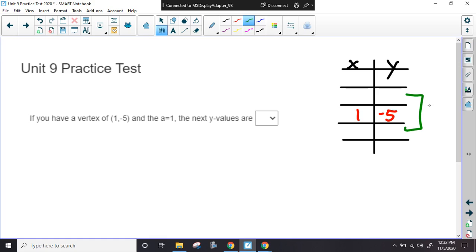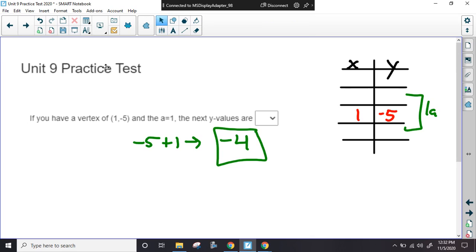This value moves up with a ratio of 1A. And if A is 1, we would have to say negative 5 plus 1, and it would give us negative 4. Now, the bad thing about these drop down questions is I can't do a screen capture of the drop down choices, but I know negative 4 is actually in there.